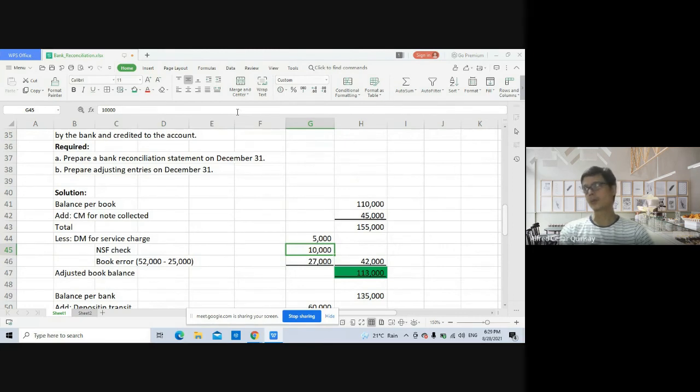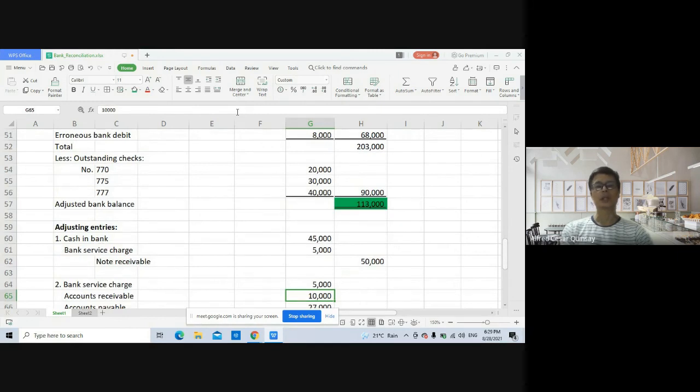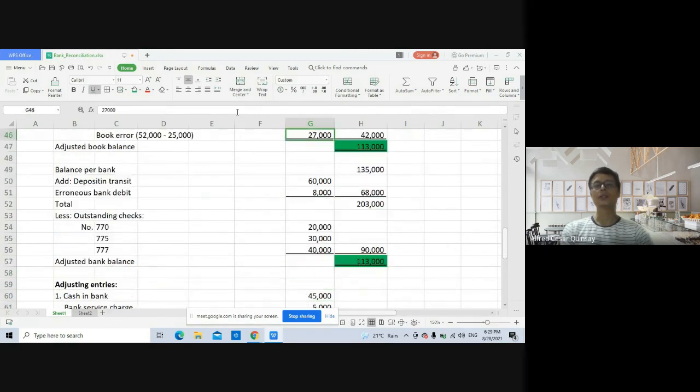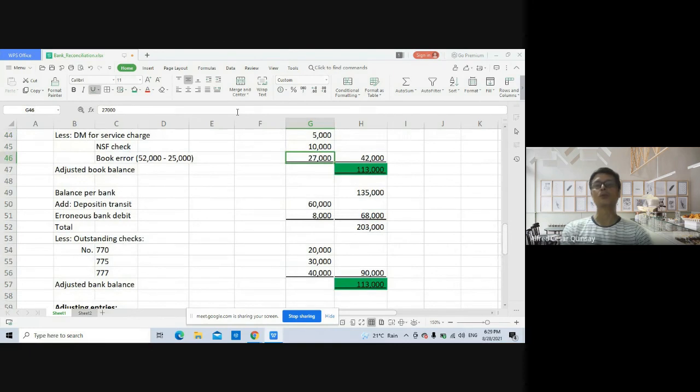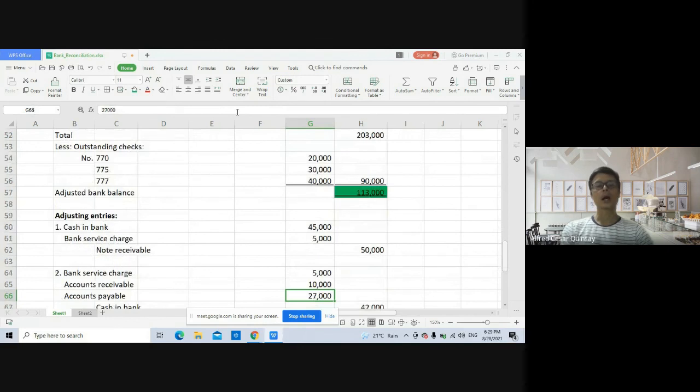What the company did with that check, when they did not yet know it would bounce, was debit cash in bank for 10,000 and credit as if they had already collected the customer's payment for 10,000. So credit accounts receivable. Since it bounced, you return it to accounts receivable for 10,000. And then that 27,000 is a book error, an error of the accountant. That's why accounts payable.